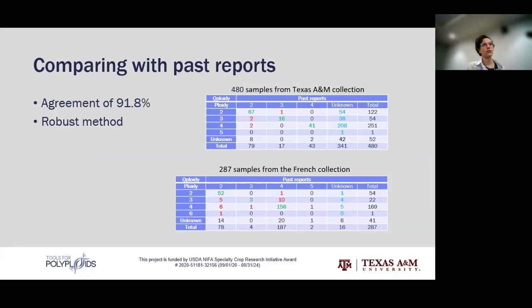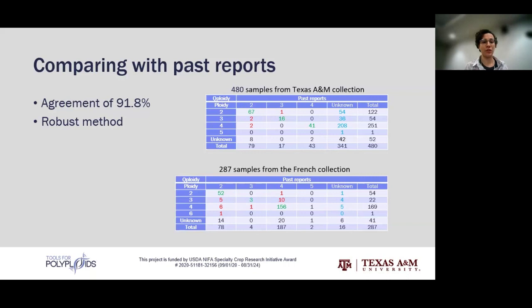And as I told you before, we had some reports of the ploidies for some of the samples, and we matched them with the past report, and it's about 92% agreement. And it proves that the method is robust. For the differences, we could not tell if the ploidy is wrong, if the other method is wrong, or if it's just not matching the sample names.